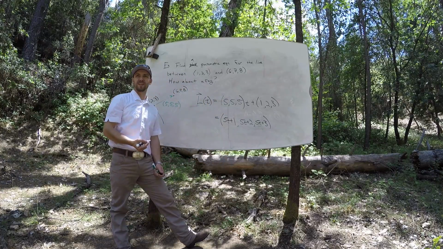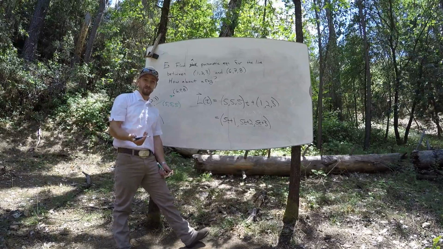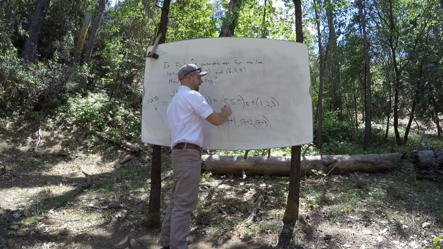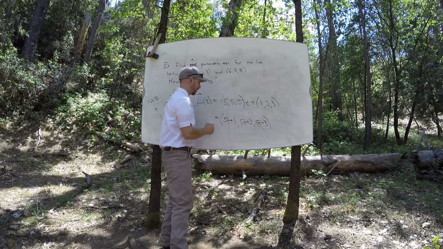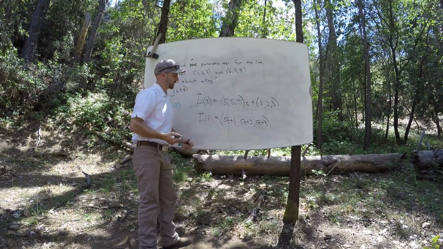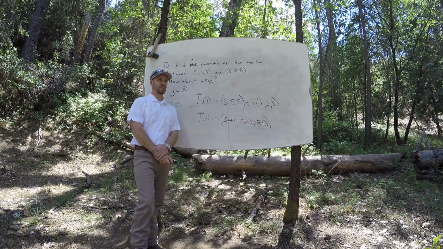I'm just combining those: I'm doing scalar multiplication and vector addition. I scalar multiply the t in, and then I do vector addition, component-wise. So I end up with L of t as this three-dimensional point. You see that?